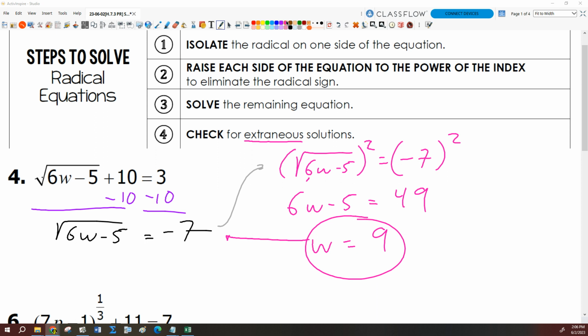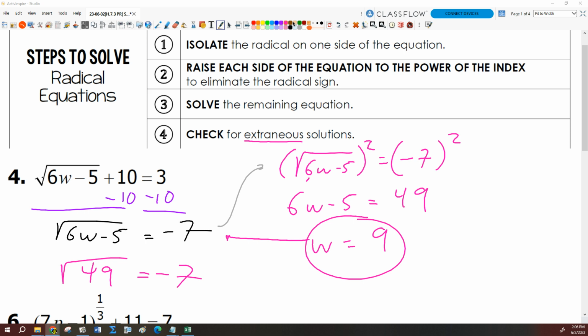So if I plug in 9, what do I get? If I plug that in, I get the square root of 54 minus 5. That's the square root of 49 equals -7. True or false? False. What's the square root of 49? +7.